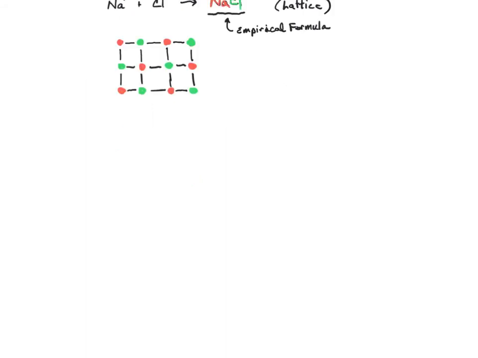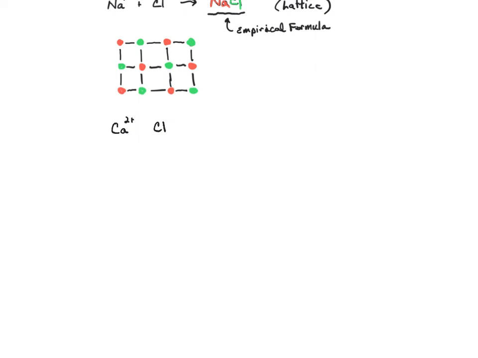Now, while we're on this topic, you may have noticed that there are some ionic compounds that have different numbers of atoms. In other words, they're not always in a one-to-one ratio. So for example, consider the compound that would form from calcium and from chlorine. Calcium is in group 2, and being a member of group 2, it takes on a positive 2 charge.